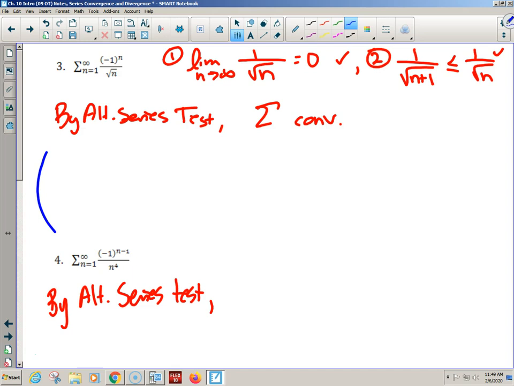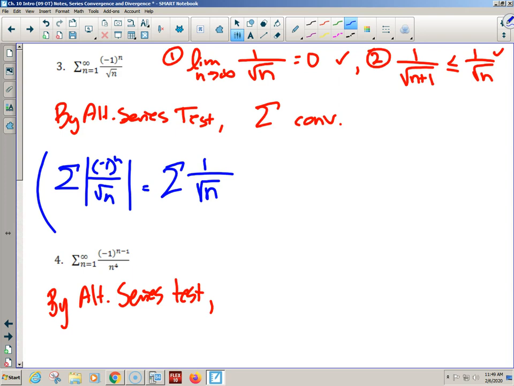But coming back, what if they asked us what type? We could ask ourselves, what's going on with the absolute value of negative 1 to the n? Is that the exact same thing as 1? The negative 1 is gone, because a negative 1 to the n says negative, positive, negative, positive. I just said absolute value, which means always positive. I'm ignoring the alternator.